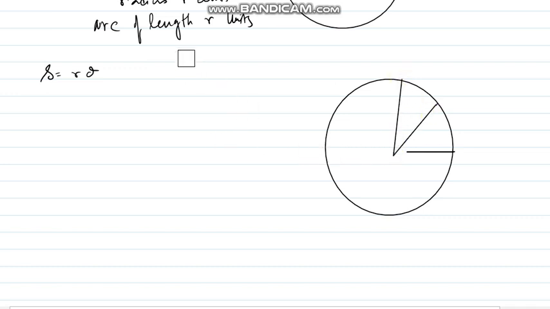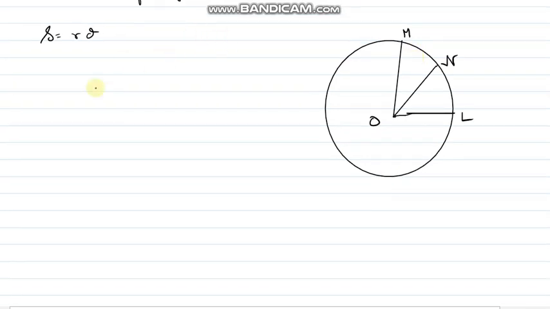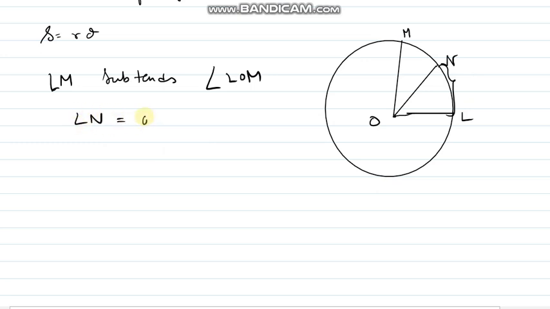This is the center of the circle, and if I join these, the first one is OL, and these are M and N. We imagine that arc LM subtends angle LOM at the center, and the length of arc LN is equal to OL, that is the radius of the circle. So what will this angle be? This angle will be 1 radian, as we already know.